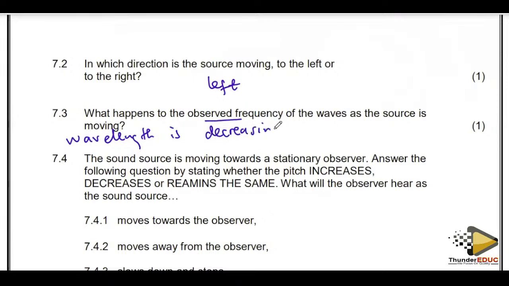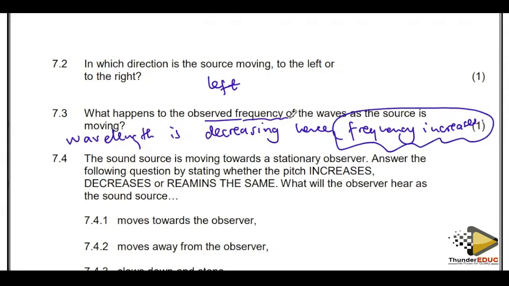Yes, the wavelength is decreasing, hence the frequency increases. So the focus is on the frequency. What happens to the observed frequency? That is going to increase.